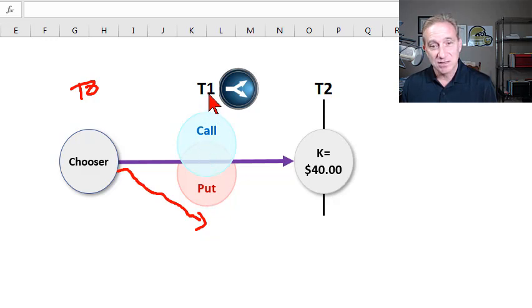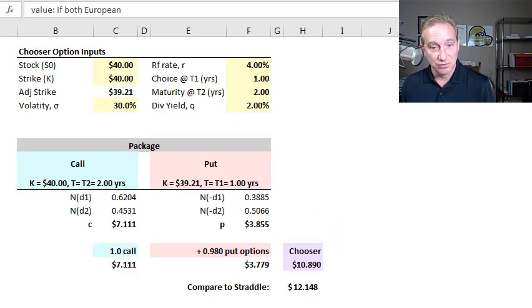Then when we get to T1, or 1 year in my case, naturally we're going to choose this to be a put option, and this put option will then have a remaining life of T2 minus T1, or 1 year in my case, with that same fixed strike price specified at the beginning. So in a lot of ways it's similar, and for that reason it's actually one of the easier exotics to value.